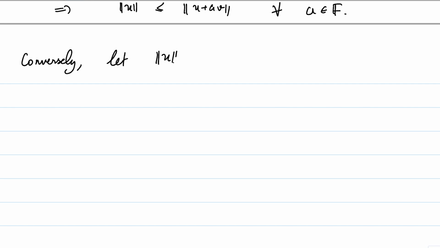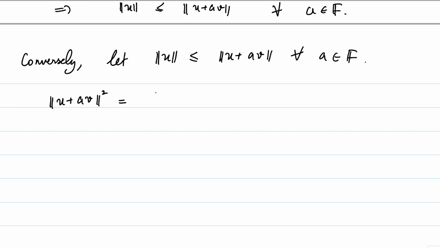Conversely, let the length of u be less than or equal to the length of u plus av for all a in F. Let's now try and conclude that u and v are orthogonal. So what is the length of u plus av the whole square?